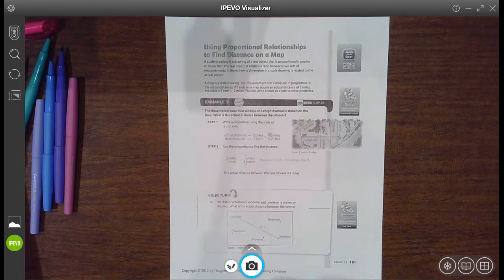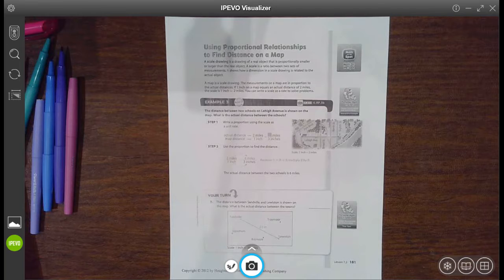Think of already a map trying to fold it. Can you imagine if it was actually the size of a state or of the country, or of the world? How in the world could you even hold that piece of paper? So we have to do what's called scaling things down.